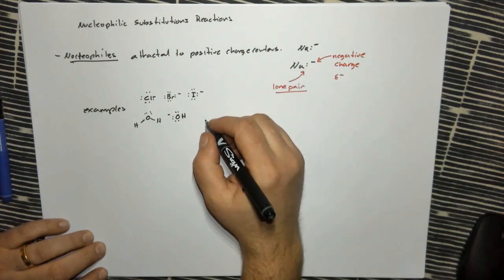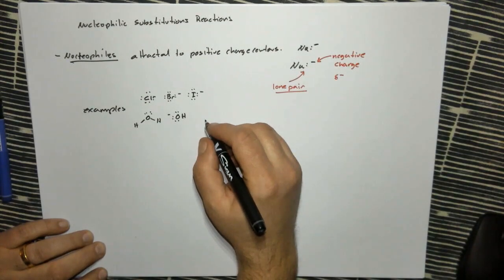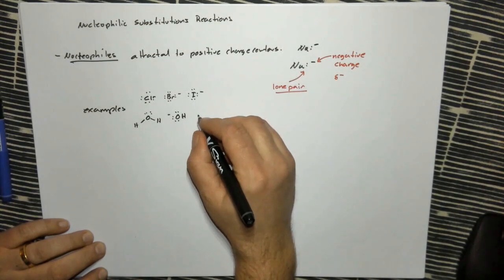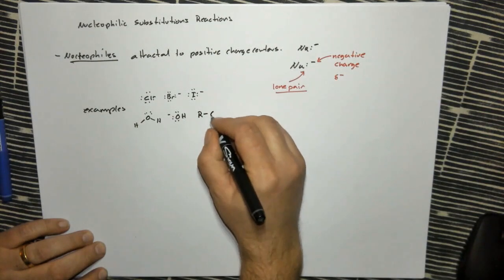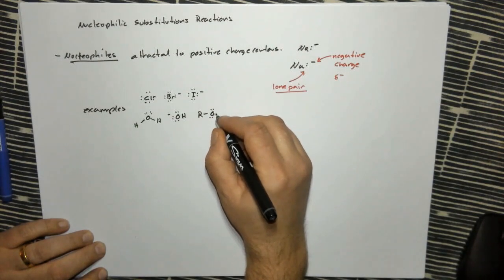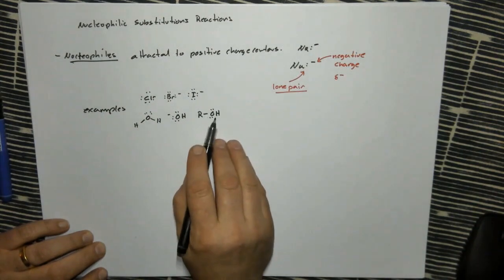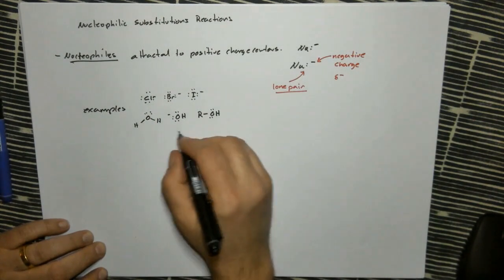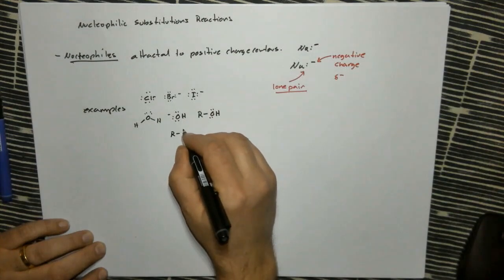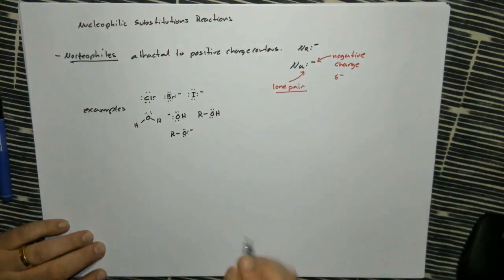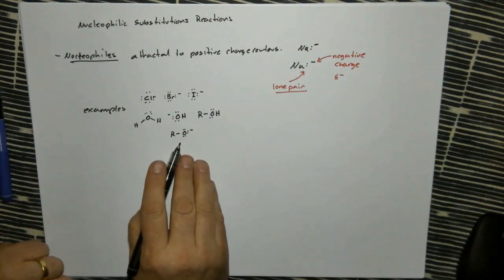And if you go even farther, then you can have situations where you have alcohols, where you have lone pairs on the oxygen. You can even have a situation like this one.